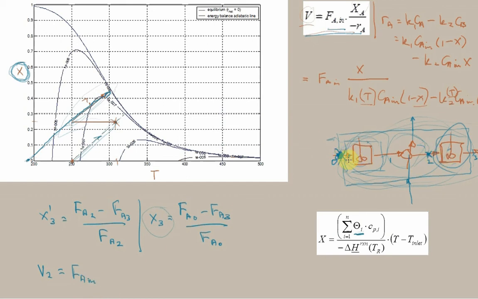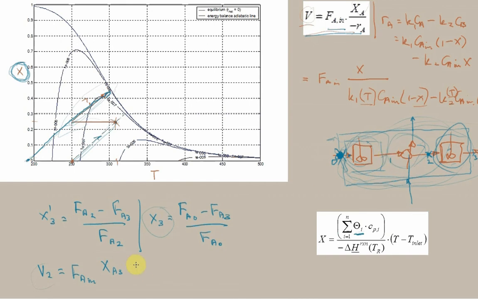So the molar flow rate to the whole train of reactors, and then we have to get the change in number of moles due to the second volume. So if we want the second volume only, then we need to know the molar change across that reactor. So we would take the overall conversion there minus the overall conversion there. So we can write that as XA3. And then the conversion at this point is the same as the conversion at this point.